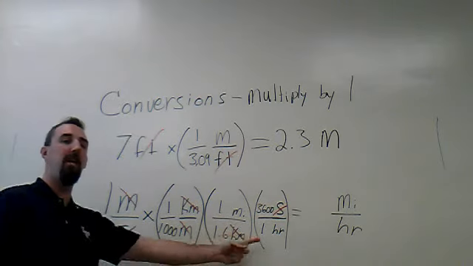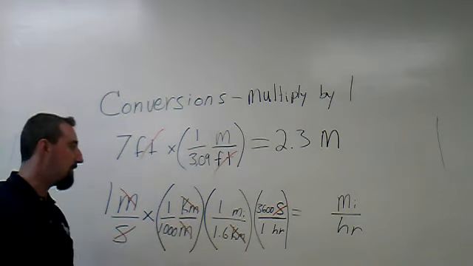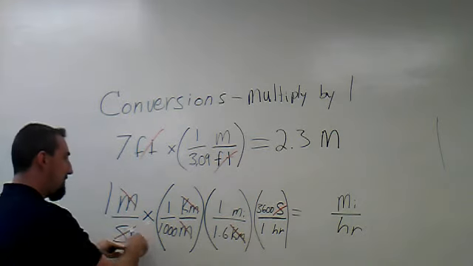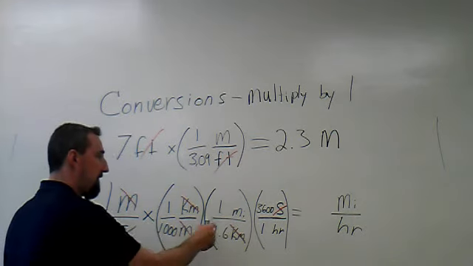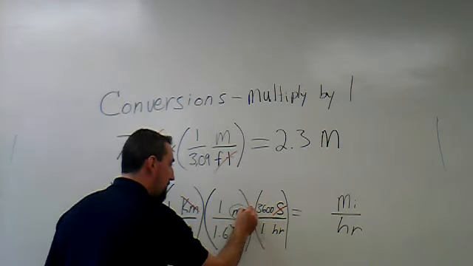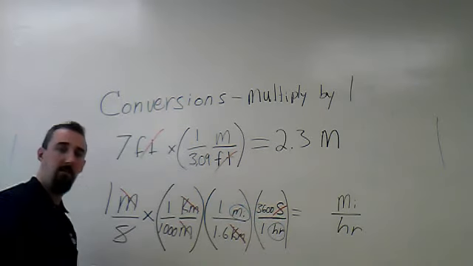I never changed my value, I'm just manipulating the units. And if you look at what I have left, I've canceled out meters and seconds, I've canceled out kilometers and meters, I've canceled out kilometers but not miles, so that unit remains. I've canceled out seconds but not hours, so that unit remains.